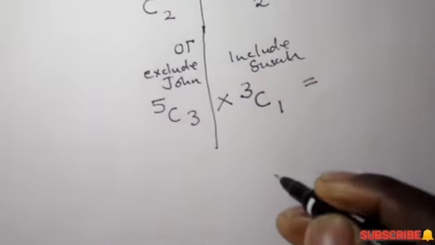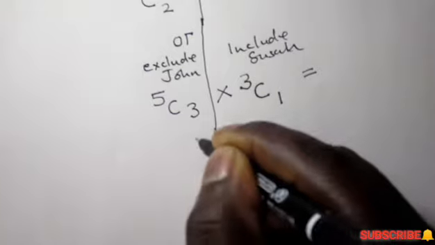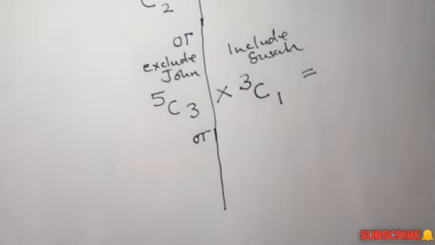I hope you are listening. Then, the last combination left to separate Susan and John is to choose a committee in such a way that both Susan and John must not be part of the committee. So if both Susan and John fail to get seats in the committee, it still applies as a possible combination. Why?